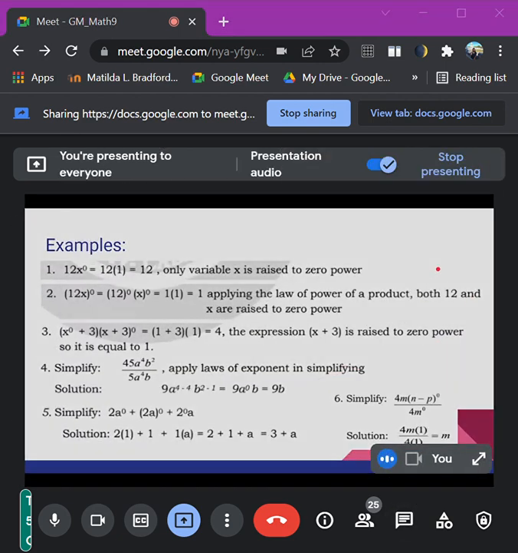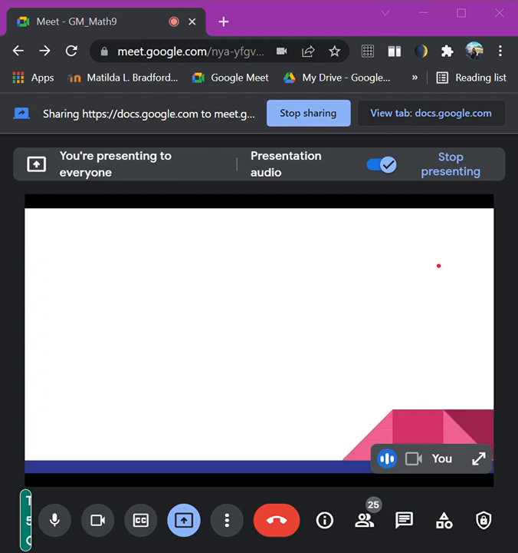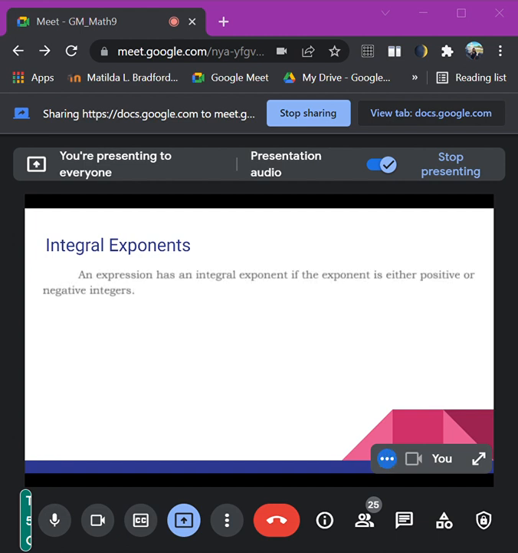Now, as I said earlier, those laws of exponents can be applied to both zero and integral exponents. When we say zero exponent, that is the zero above. When we say integral, we have positive and negative exponents. So that is the next part of the lesson. An expression has an integral exponent if the exponent is either a positive or negative integer.